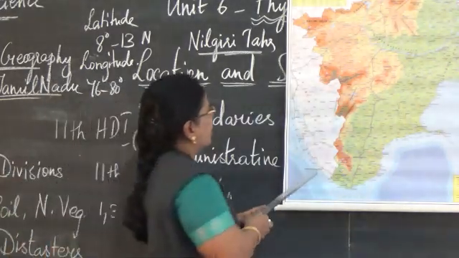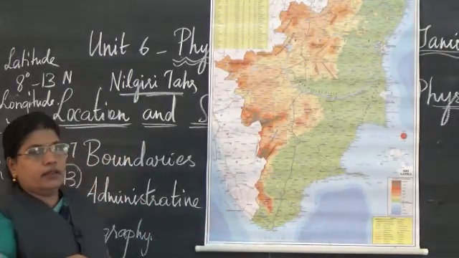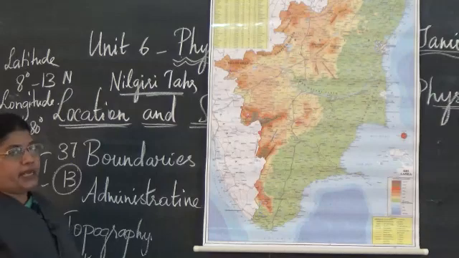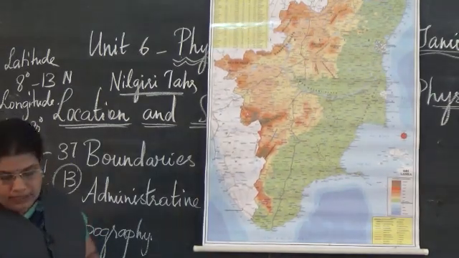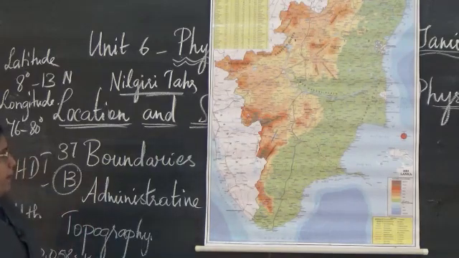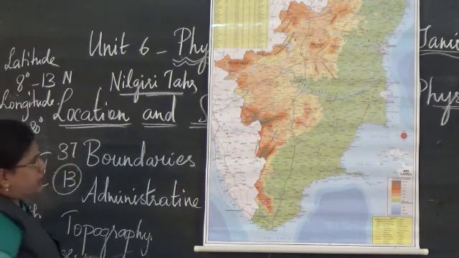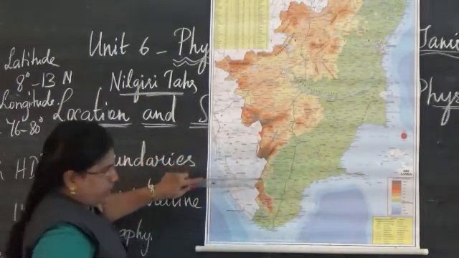Next, we have the Cardamom Hills, otherwise called the Elamalai. The name comes from the cardamom spice. It is famous for the cardamom spice, so it is called the Cardamom Hills. Apart from that, pepper and coffee are also grown in the Cardamom Hills. Varshanadu and Andipatti Hills are the eastern extension of the Western Ghats.